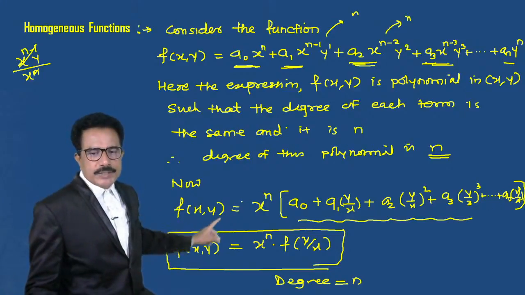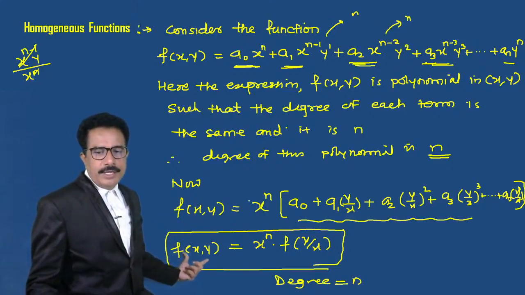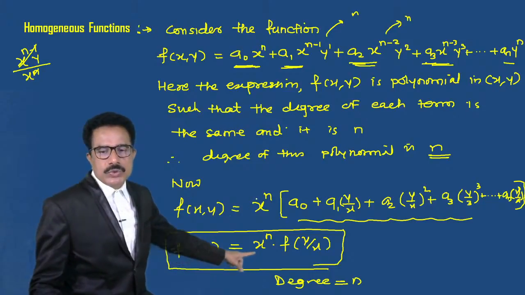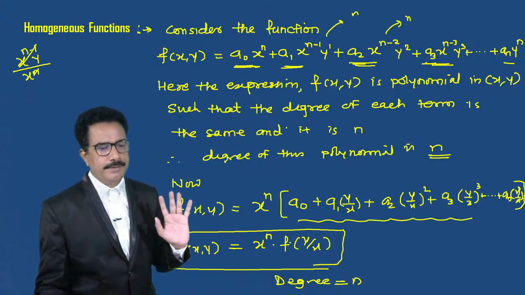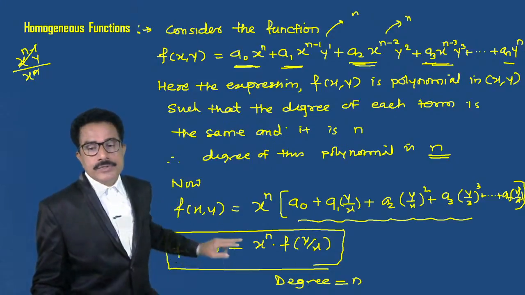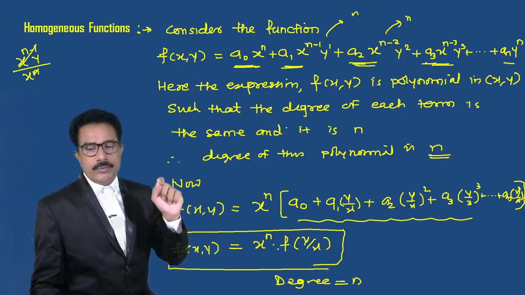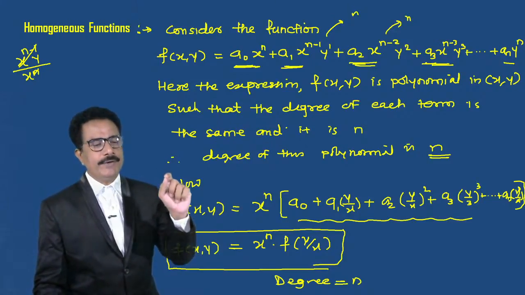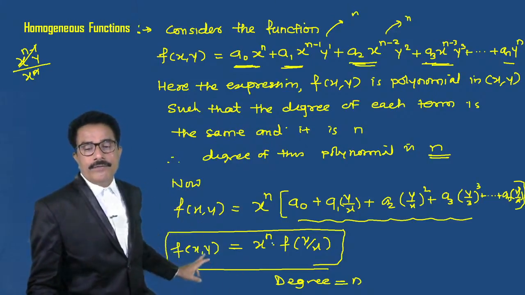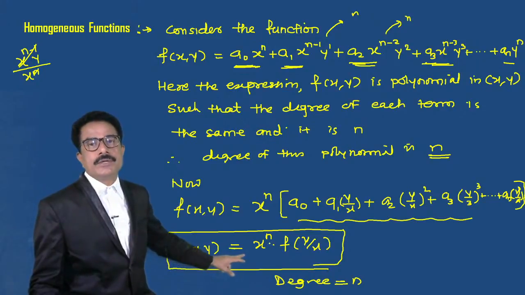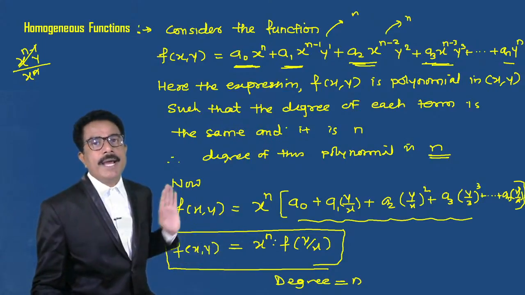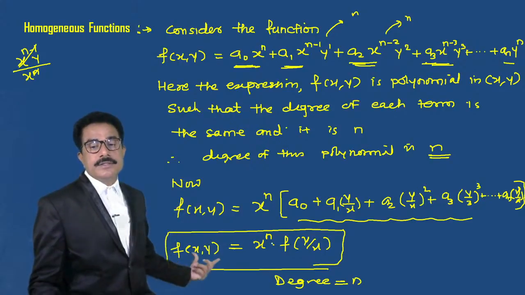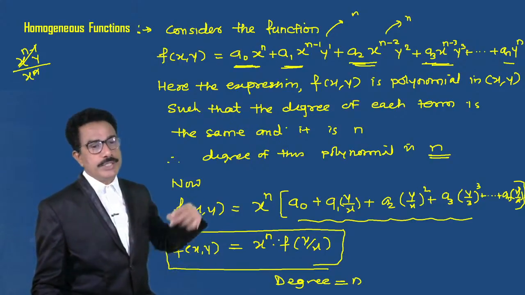That means we can express this function f of x comma y as x raised to n into f of y by x, having degree n. So if we can express a given function f of x comma y as x raised to n into f of y by x, then such functions are called homogeneous functions.